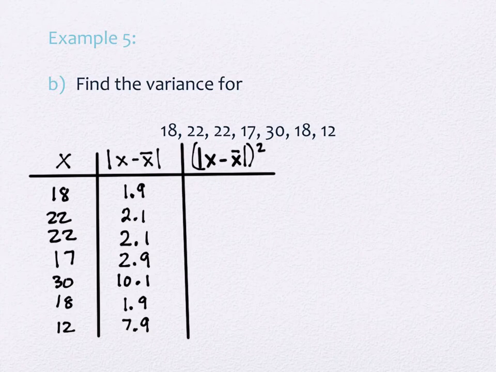So 1.9 squared is 3.61. You'll keep all your decimals while we're working until the end. We'll do some rounding. This second one is 4.41, and it's the same as the third. And I have 8.41.